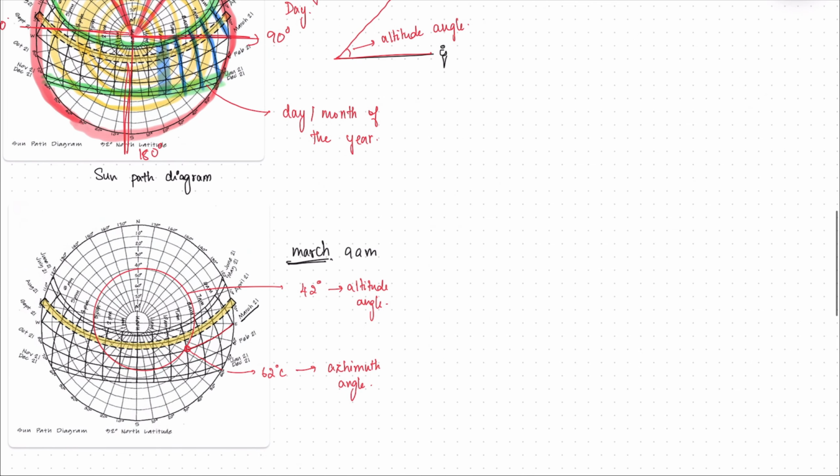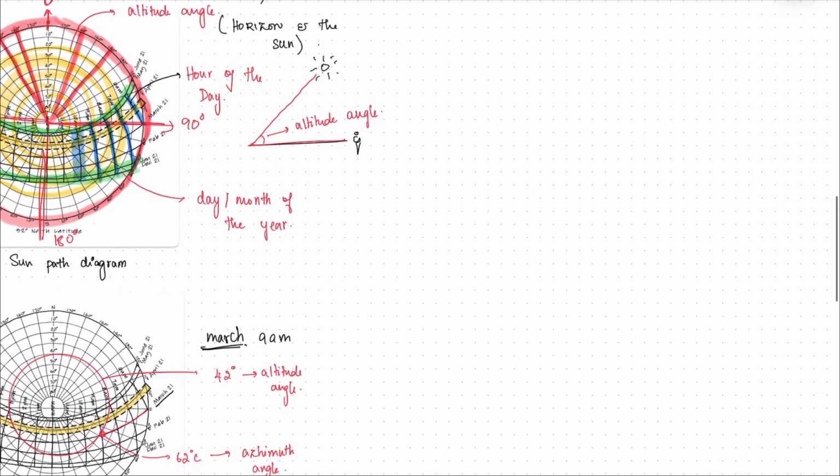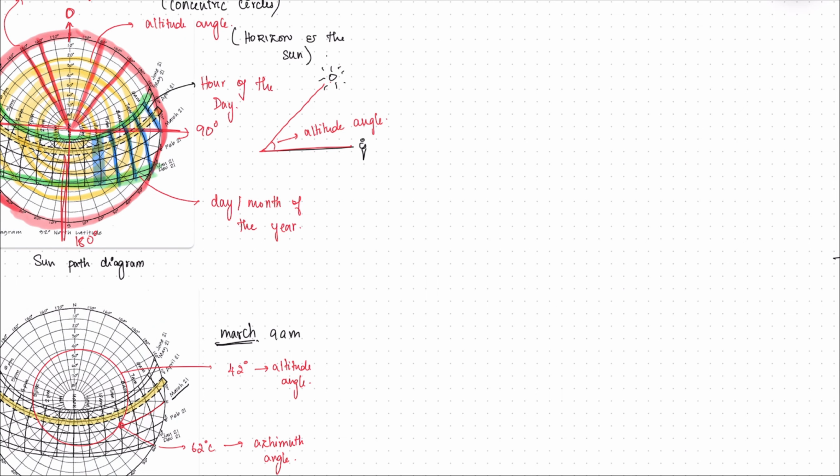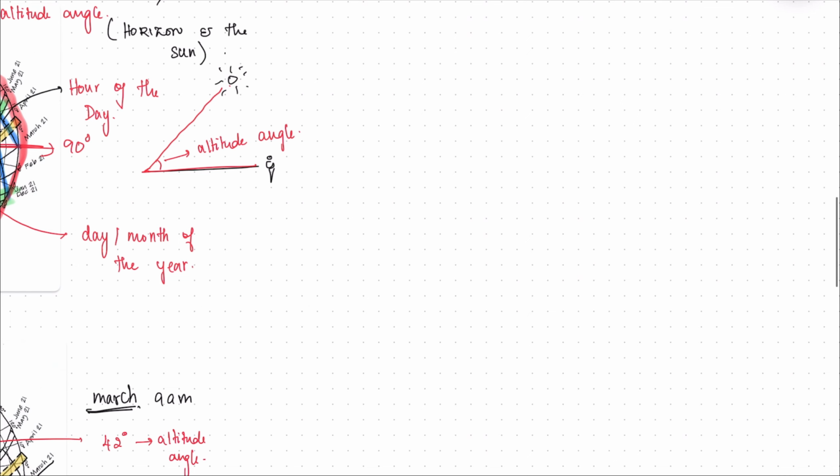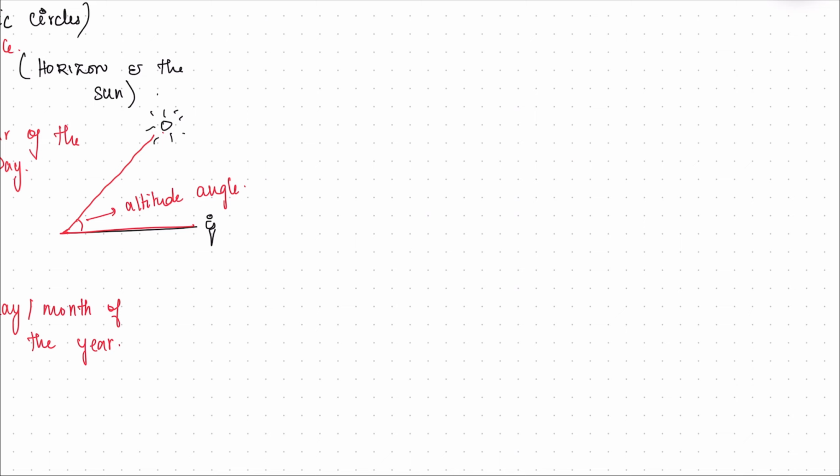So now that the sun path diagram is clear, let's move on to our next topic, which is your horizontal shading device. Okay, before moving to the shading device, let me talk about one more thing. So this is your horizon. Your horizon is usually zero.